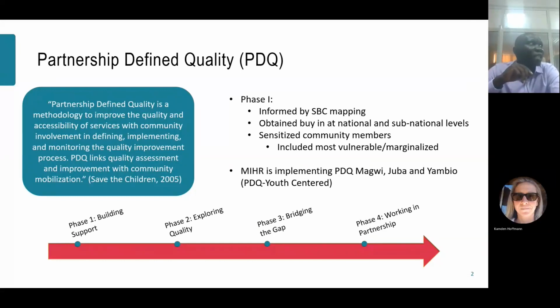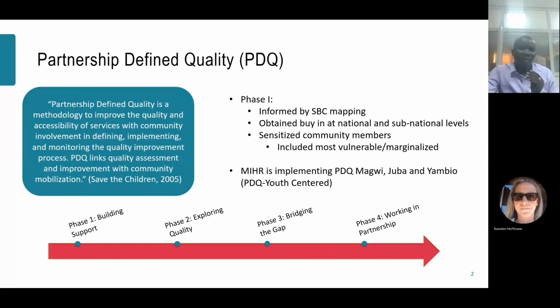Some of the issues that affect the providers sometimes hinder communities from going for services in these facilities. So the community action cycle is a strategy that we are currently implementing in the country, and it uses 4 phases. But the first phase is the partnership defined quality as integrated with the community action cycle.